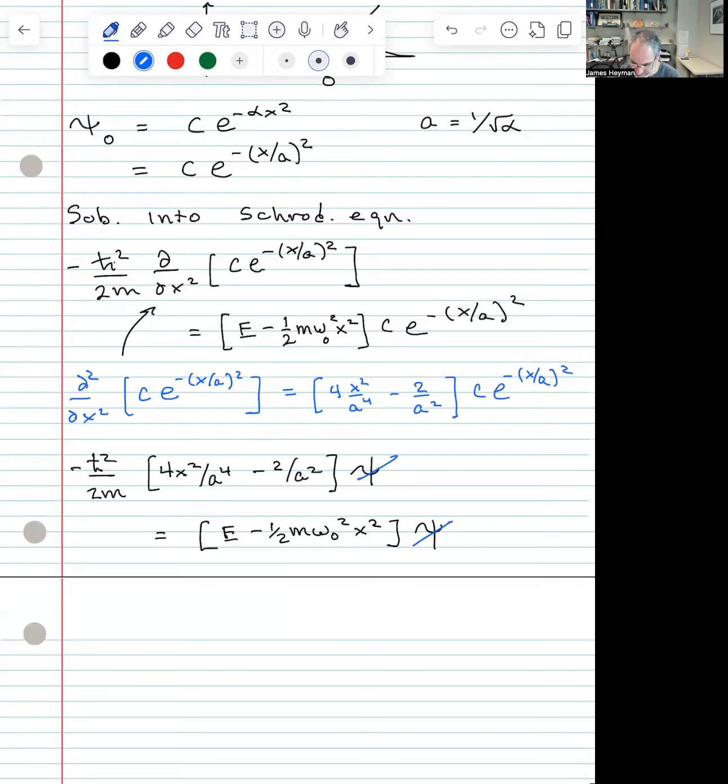Multiplying both sides by 2m over h bar squared, we get the following: 4 over a to the fourth x squared minus 2 over a squared is equal to 2m over h bar squared times 1/2 m omega naught squared x squared minus E. Okay?